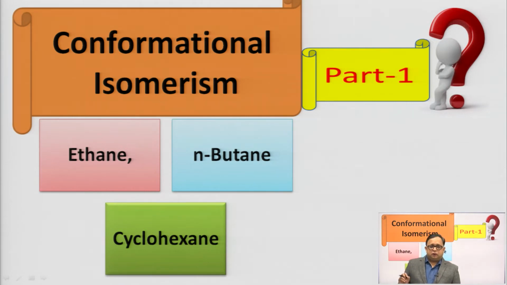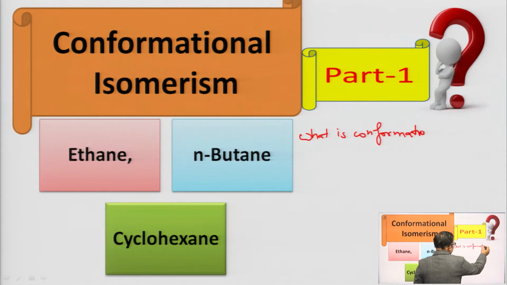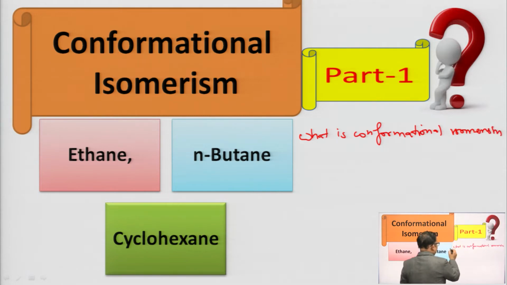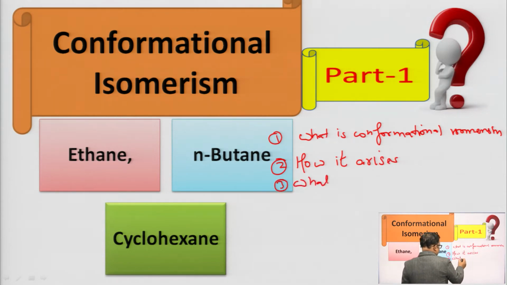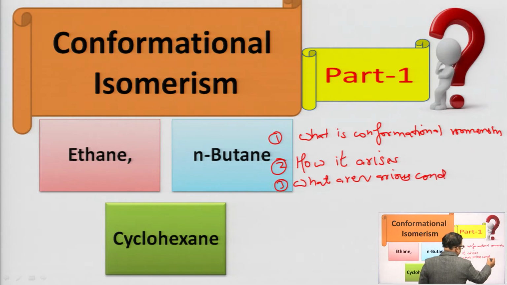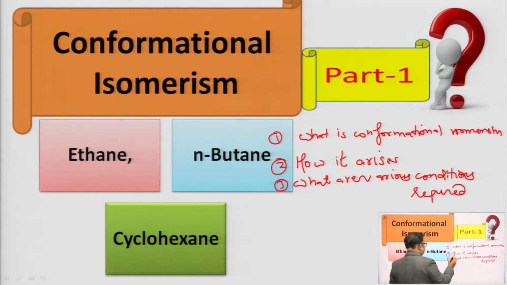In part 1, we shall discuss what is conformational isomerism, how it arises, and next, what are the various conditions required for conformational isomerism.